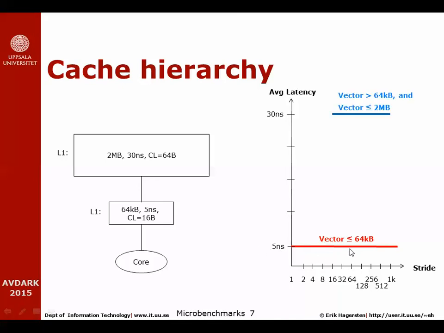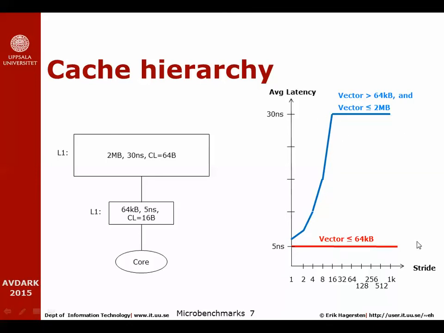If we use a vector which is larger than the L1 cache but smaller than the L2 cache, then for all these strides we will see the bad news, the miss latency here, actually the access time latency for the second level cache. But when the strides get smaller and smaller, then we will start to see the ski slope.